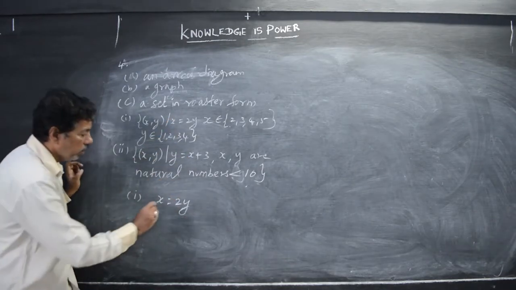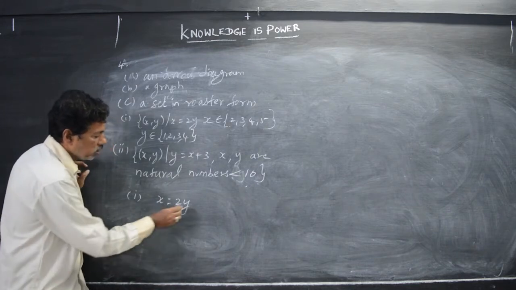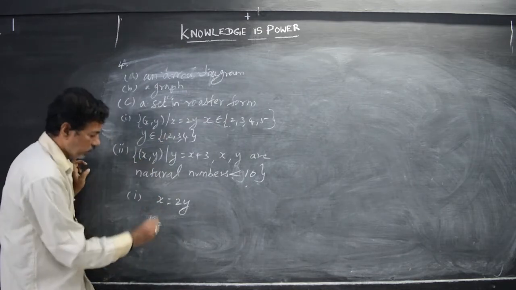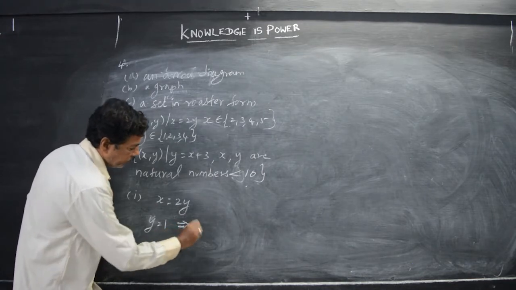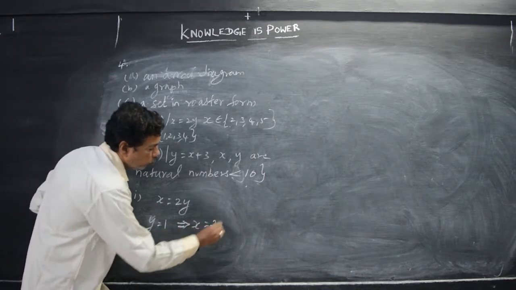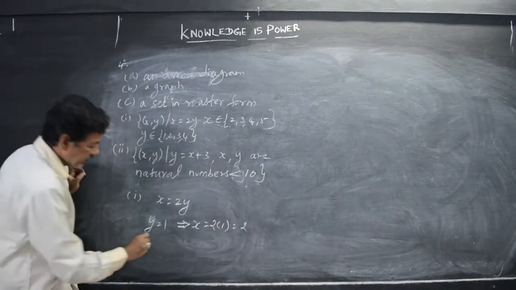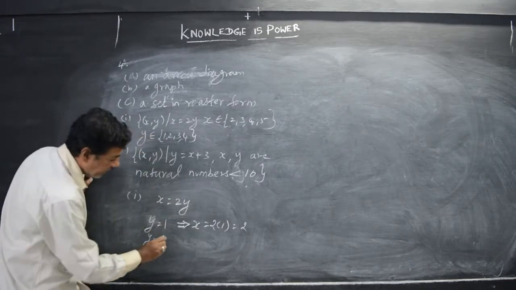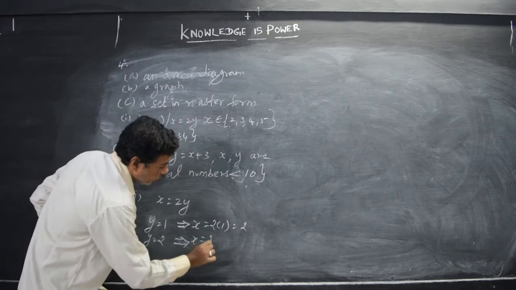So first of all, take it out: x, y, because based on y only we will get x. y equal to 1. Then what will we get? x equal to 2 into 1, which is 2. Second, y equal to 2, so x equal to 2 into 2.